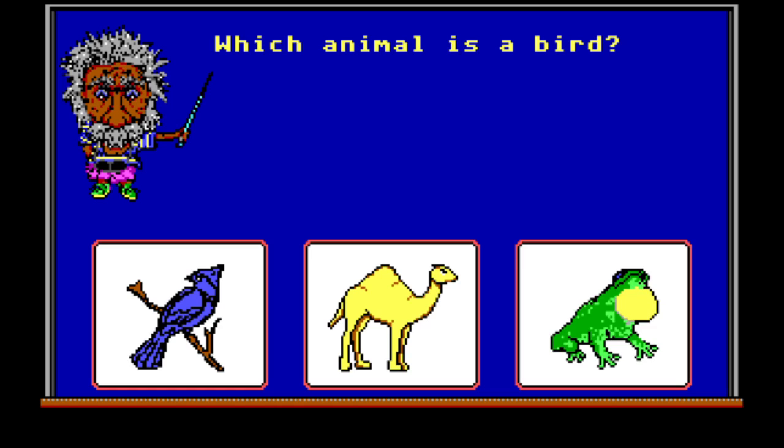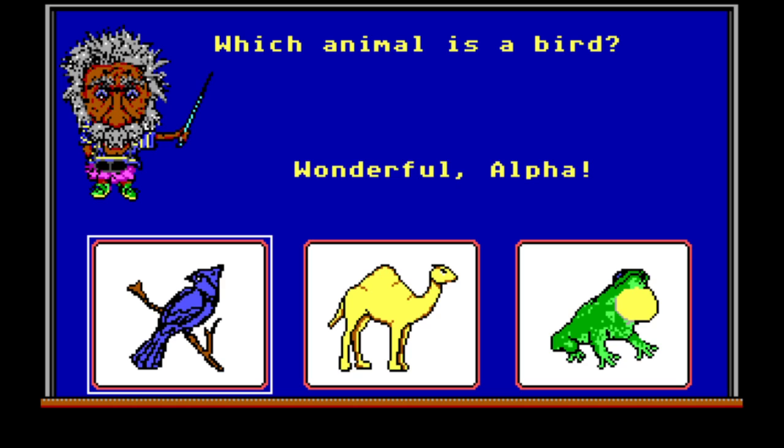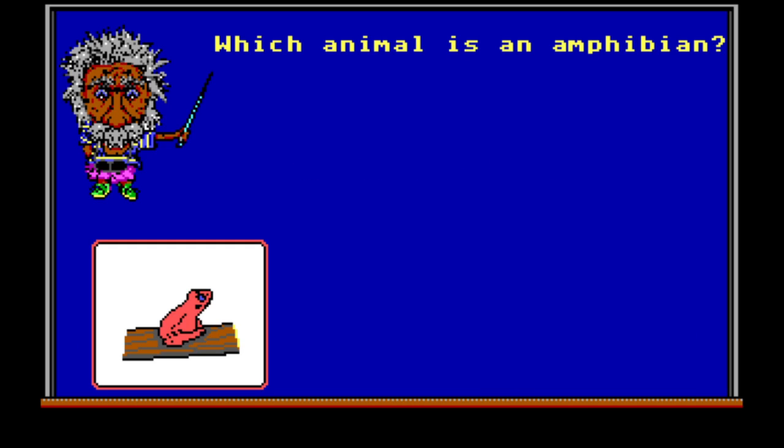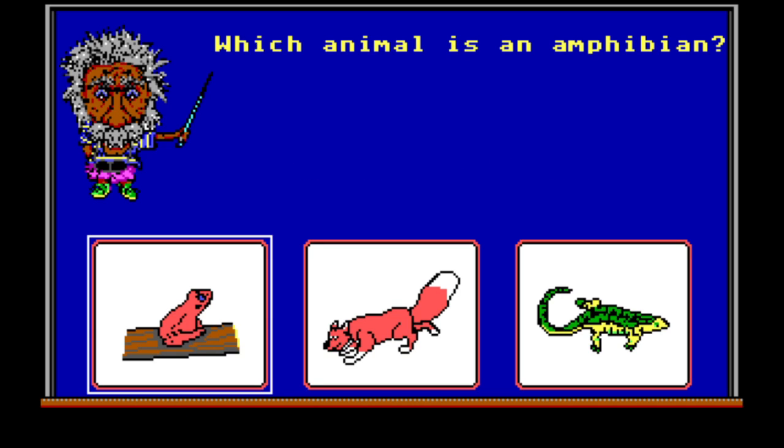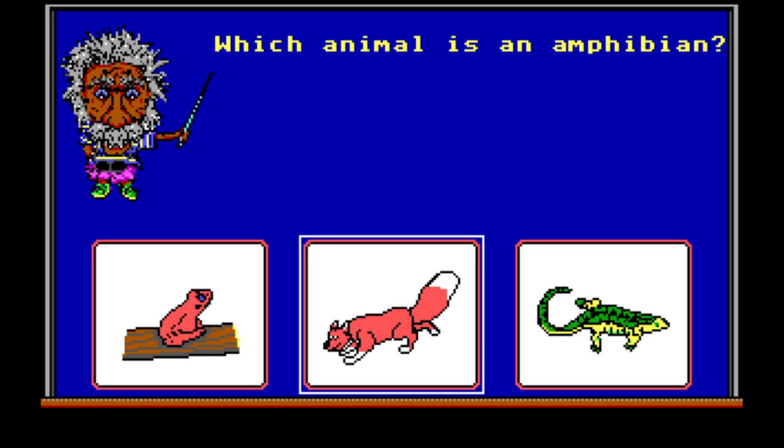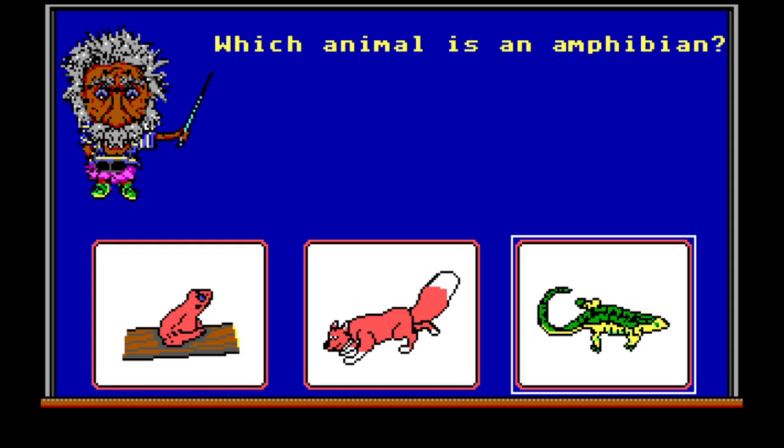Oh yeah. Science is by far more diverse than any other subject, I think. And more hands-on, too. The bird is the blue bird. That's a bird, that's a mammal. Over here is the amphibian.